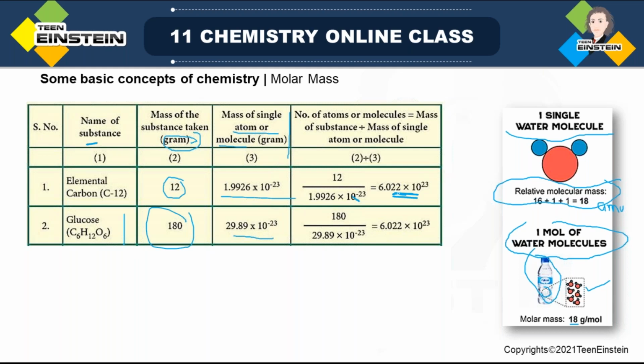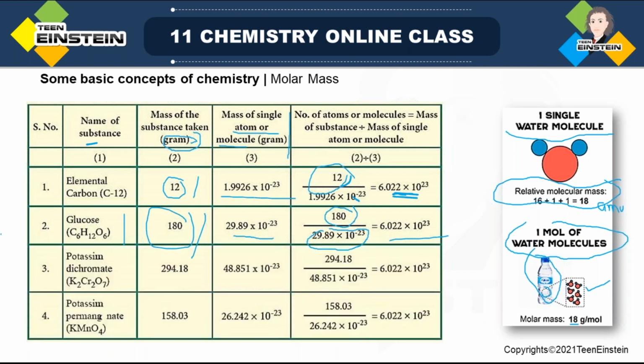But the reverse is also possible. 12 is the mass of Avogadro number of particles, atoms or molecules. 12 is actually for atoms, 180 is the mass of Avogadro number of glucose molecules. And this is for a single one. So if you divide, obviously you will get the Avogadro number, which is the number of atoms or molecules present in this particular amount, and this amount is nothing but the molar mass, right?